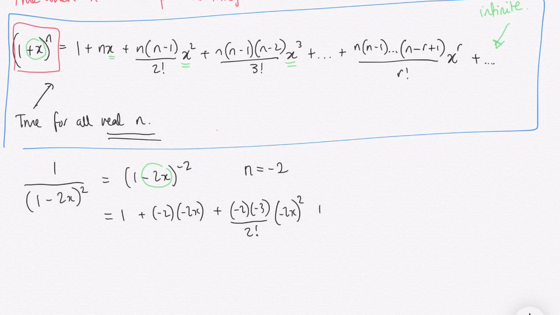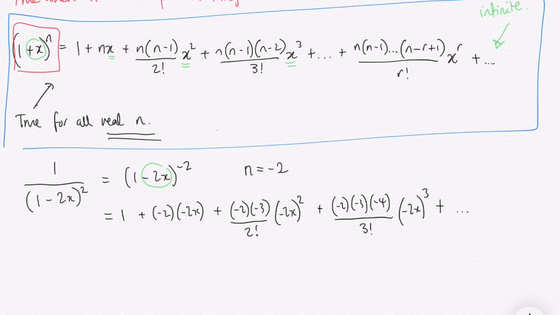And then the next term is going to be n, which is negative 2, multiplied by negative 3, multiplied by negative 4, over 3 factorial, multiplied by negative 2x all cubed. And if you were given this question in a textbook or an exam, they'd probably tell you how many terms they want. I'm going to stop at this term here, but please pay careful attention to that. I can put this ... to show that I know there are lots more terms. In fact, there's an infinite number of terms here.